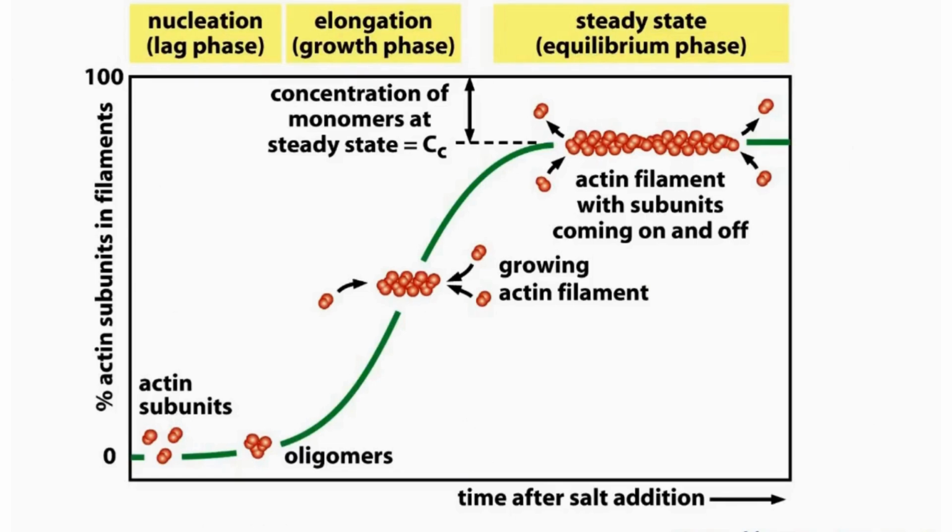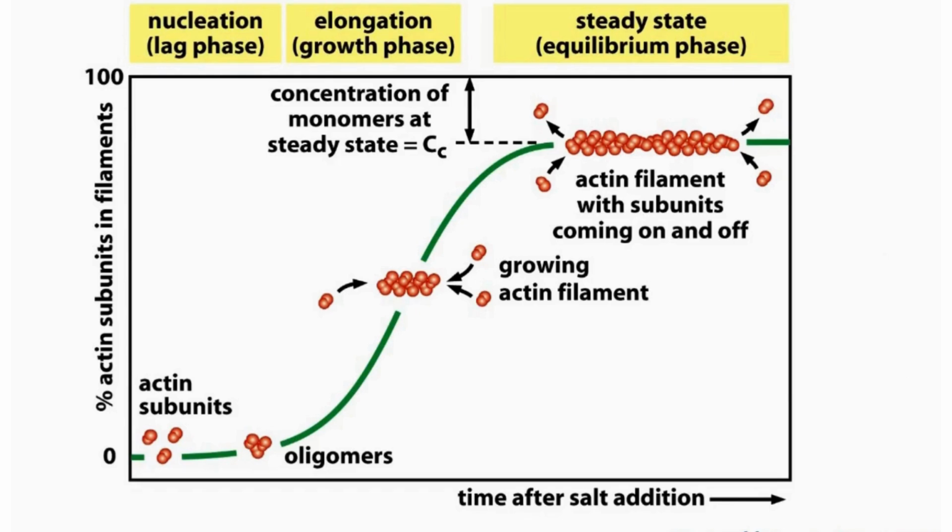Dear students, now it's time to understand the dynamics of actin nucleation after clearing our concept from the animation. What exactly are we doing? We are studying the entire process graphically.